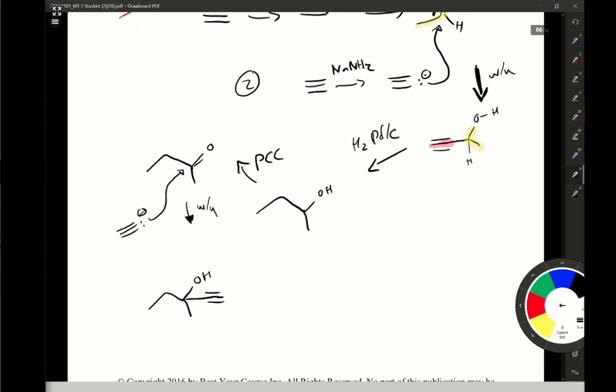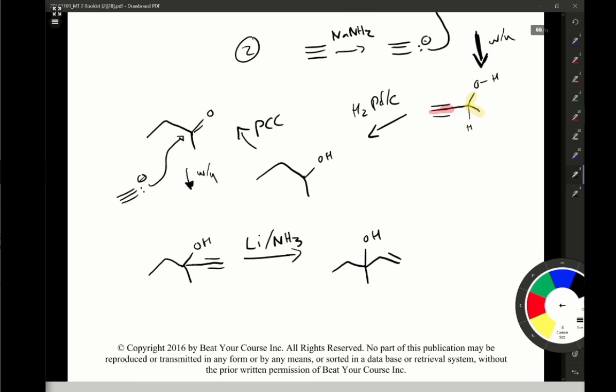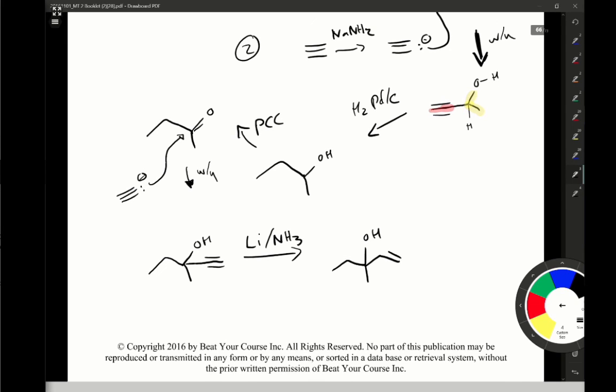Well, we remember how to make trans alkenes, right? What are we going to do? We're going to get some metal, like lithium, and we're going to throw that in ammonia. There we go. So I did the flip of the molecule, but the same thing.